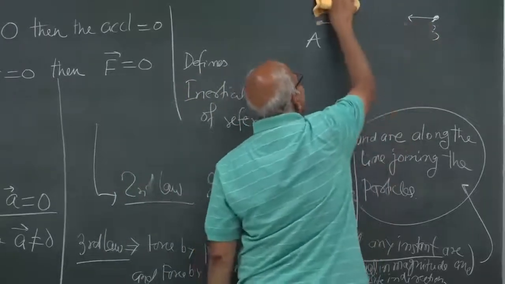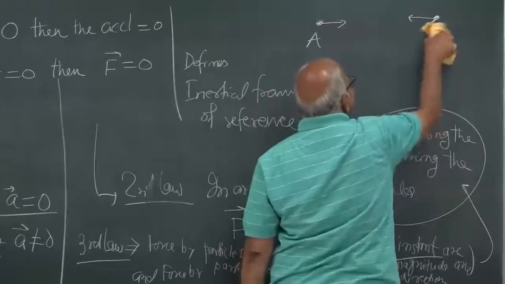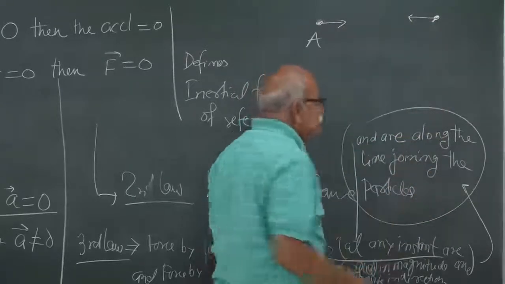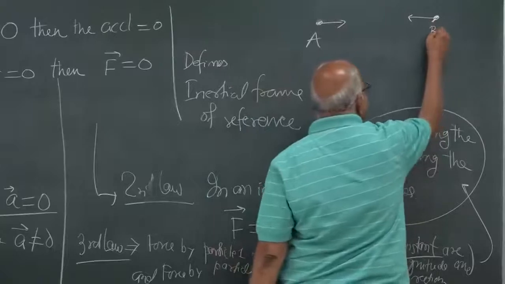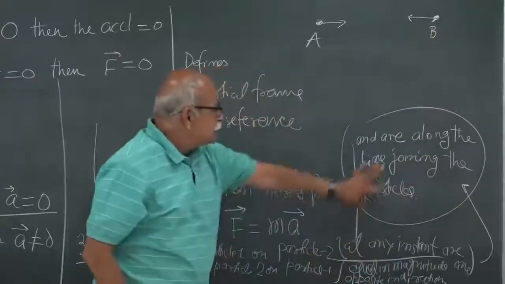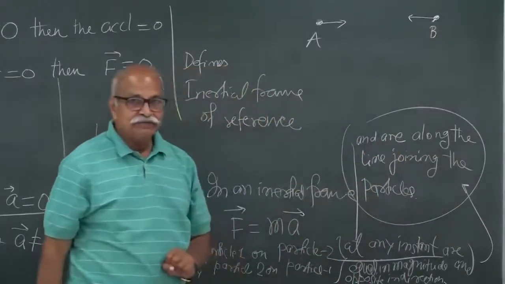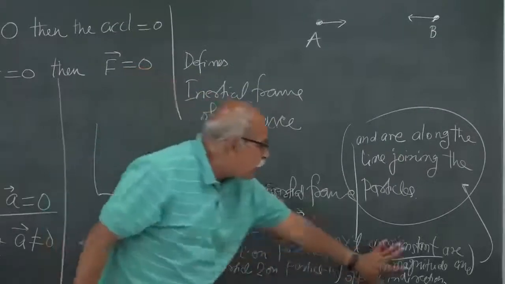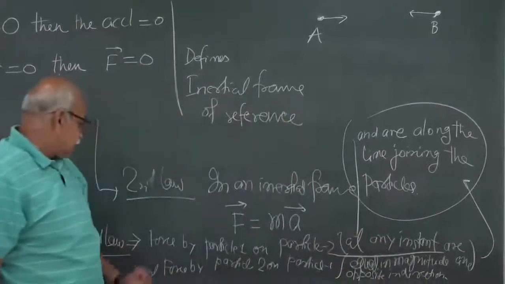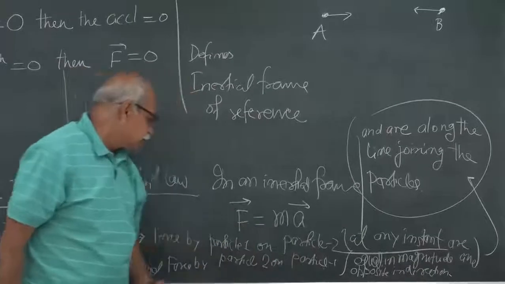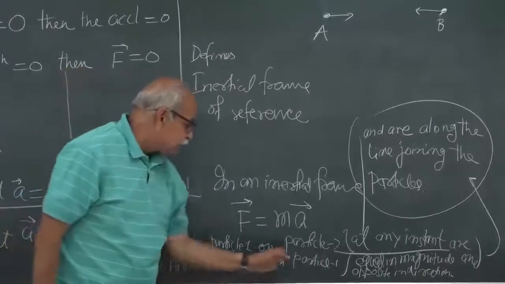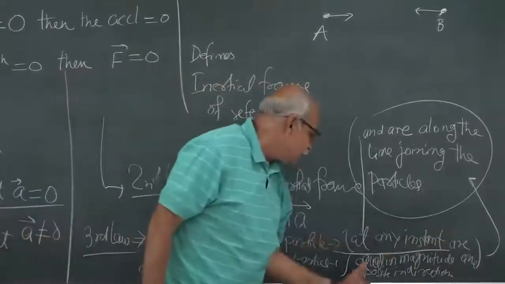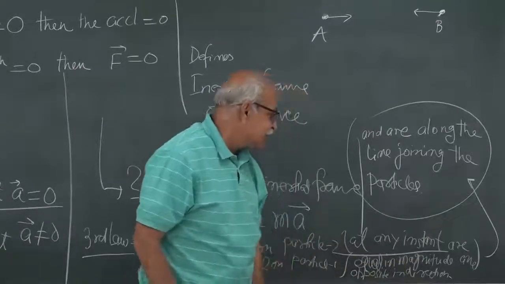Now, if that does not happen, maybe in some cases, then this part will not be valid. Now, if you stop here, what is Newton's law? Force by particle 1 on particle 2 and force by particle 2 on particle 1 at any instant are equal in magnitude and opposite in direction.